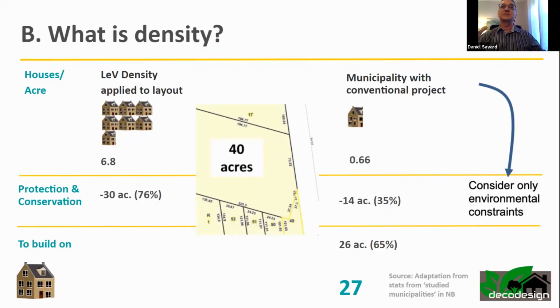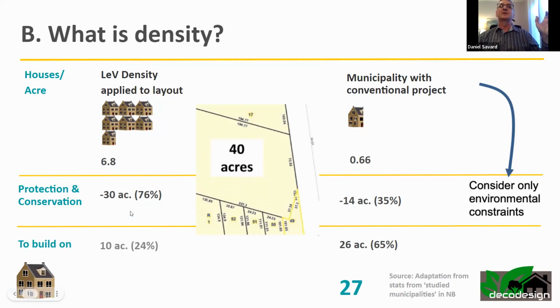So we're going to use the same percentages here to compare apples with apples, okay? So 76% of 40 acres is roughly 30 acres. It means we're going to build on 10 acres, not on 26, but on 10 acres.